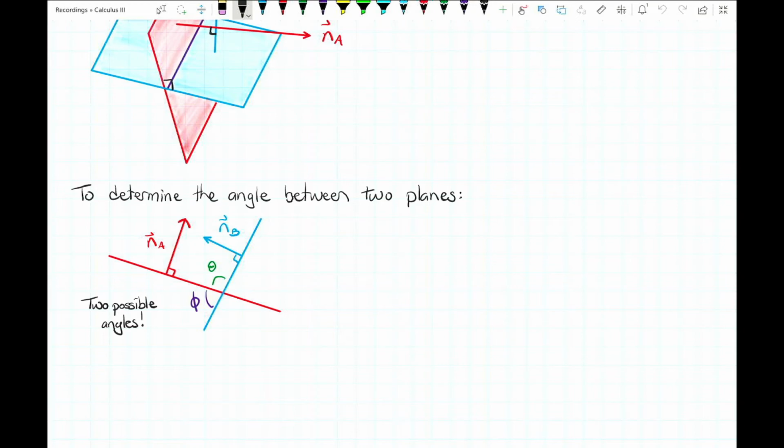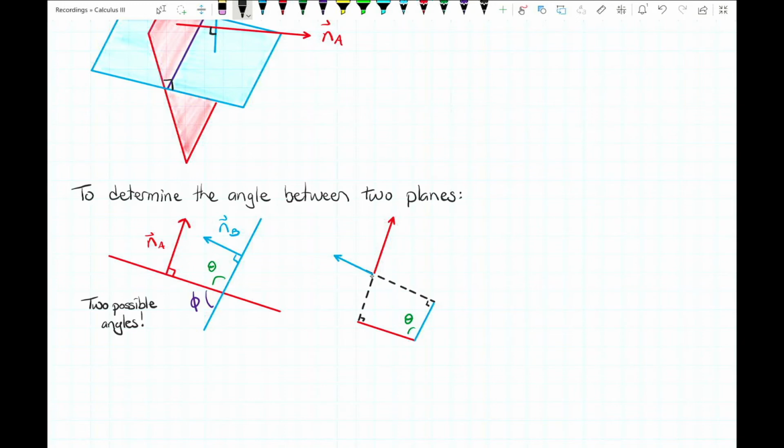All right, well, time for a little bit of geometry here. We can form a four-sided object using our planes in red and blue, as well as the normal vectors. We may just have to extend a couple of those vectors until it forms this four-sided object. I have made this four-sided polygon, or a quadrilateral, using the angle theta as one of its included angles, and I've moved the normal vectors for A and B to the top corner so they have the same initial point.